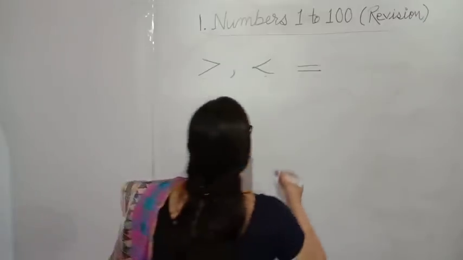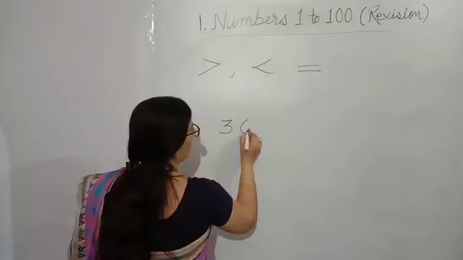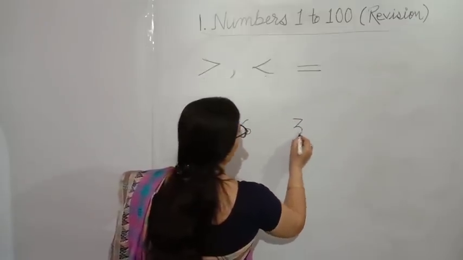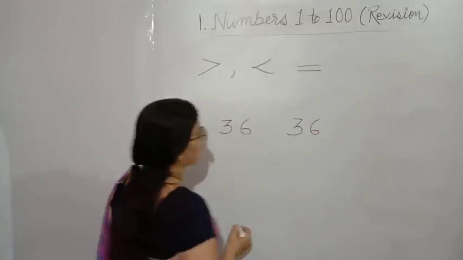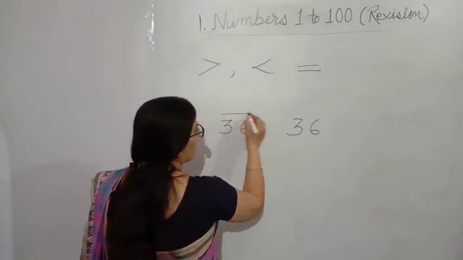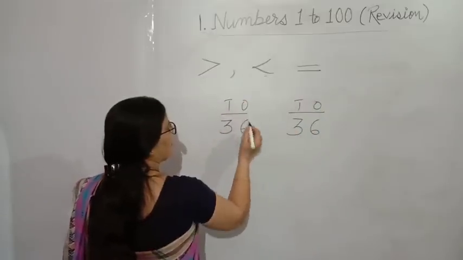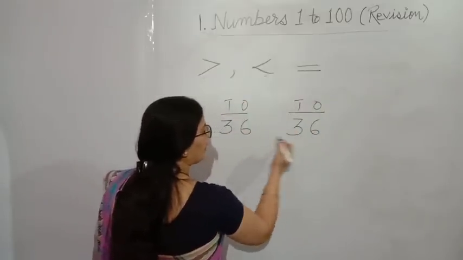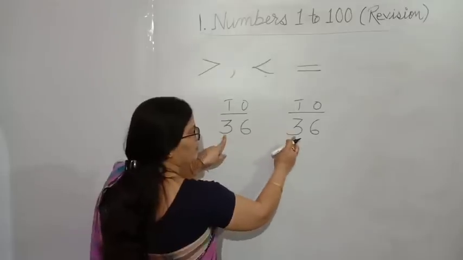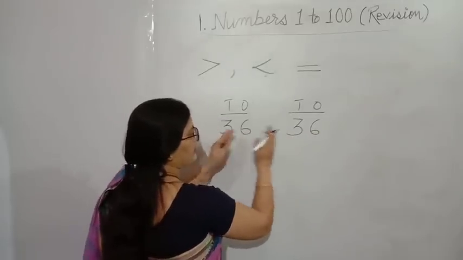Now compare these two numbers, 36 and 36. Here the digit at the tens place and the digit at the ones place are both equal. Tens place is equal and ones place is also equal, 36 and 36.